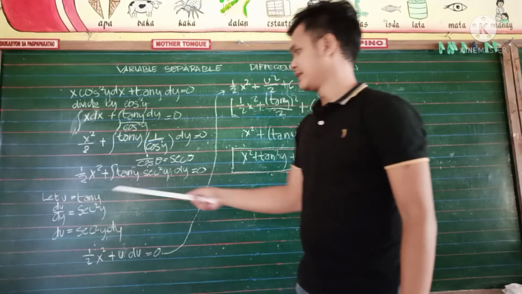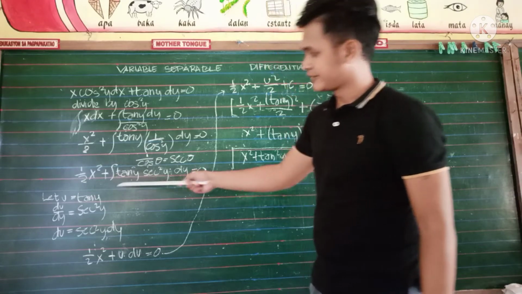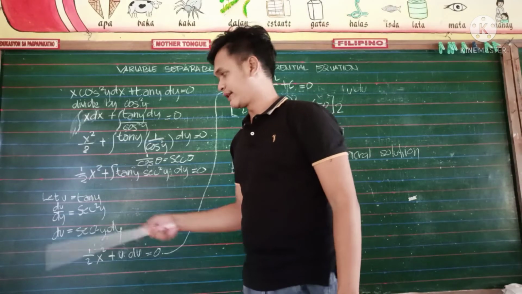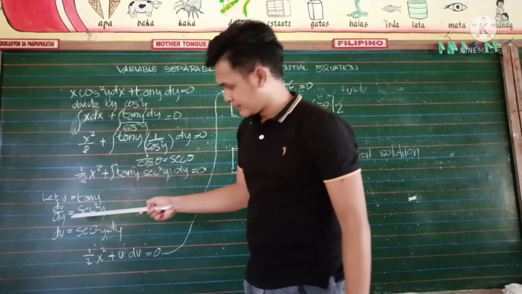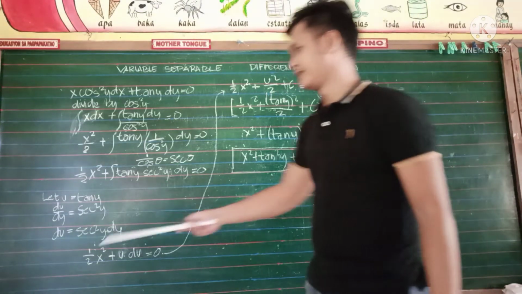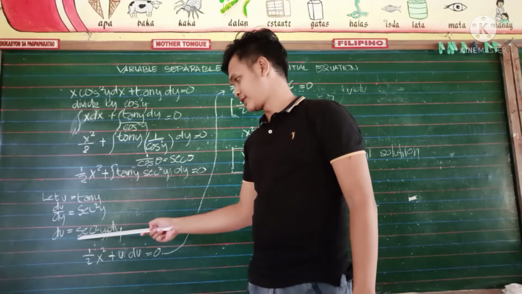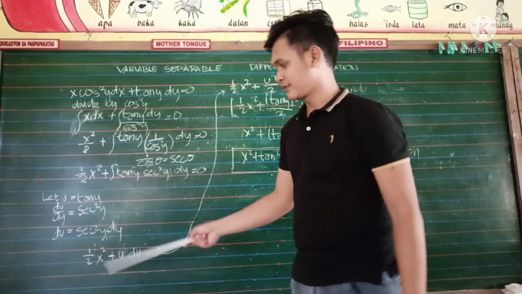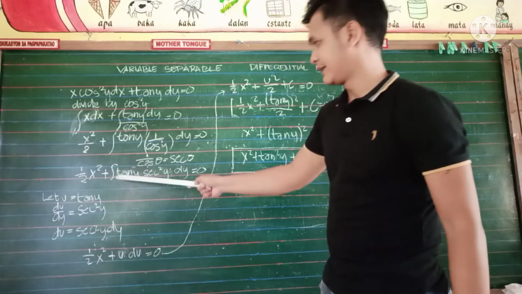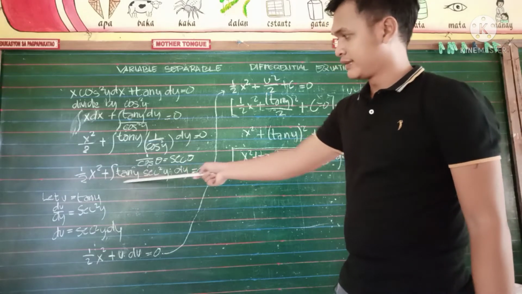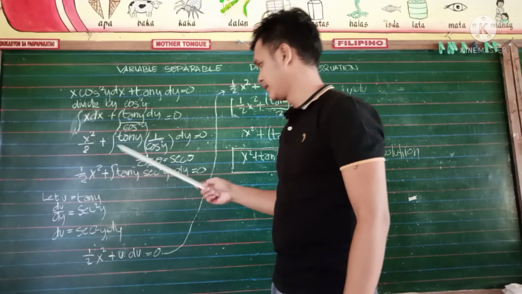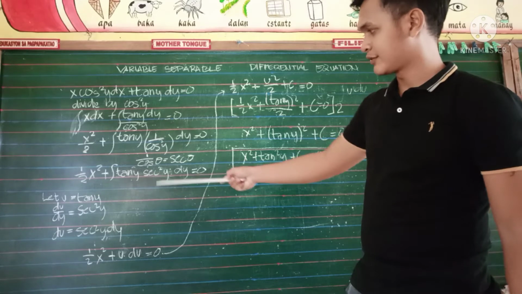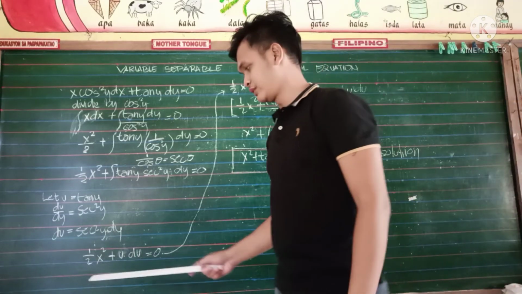So let u be the tangent of y. du with respect to y is secant squared y, and du is equal to secant squared y dy. So we copy that: 1/2 x squared plus the integral of tangent of y, which is u, and secant squared y dy, which is du, equals 0.